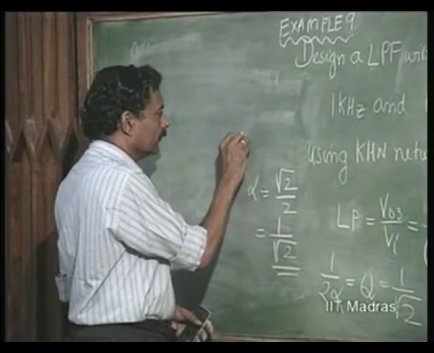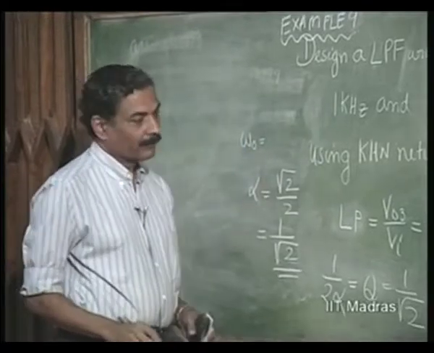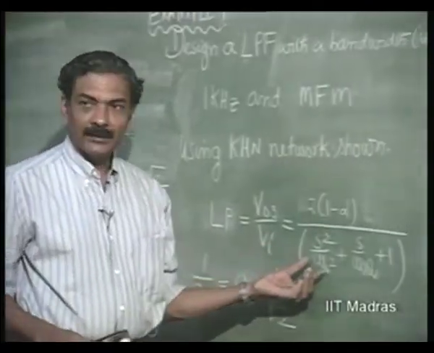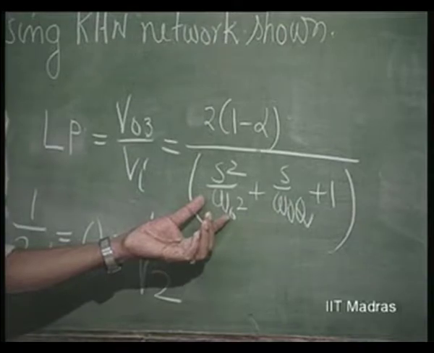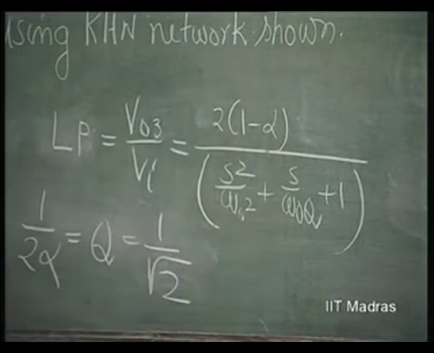Omega naught is the same. In this particular case, the bandwidth is going to be determined by this omega naught here.